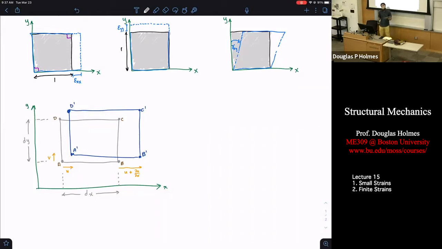This is just our way of not having to show that the limit as delta x goes to 0 takes us to a differential. We know that, so we're going to use these elements dx and dy. So in that case, what we're asking when we look at B prime relative to B is, okay, it moved an amount u, and it also moved some amount delta u, or du, relative to a change in x, so du by dx.